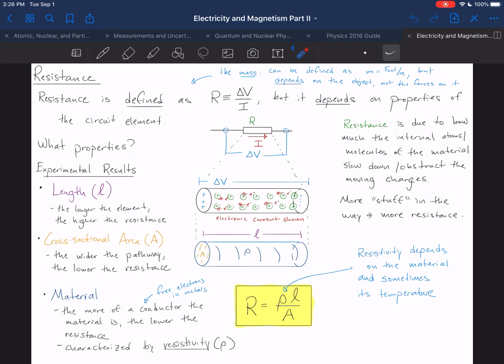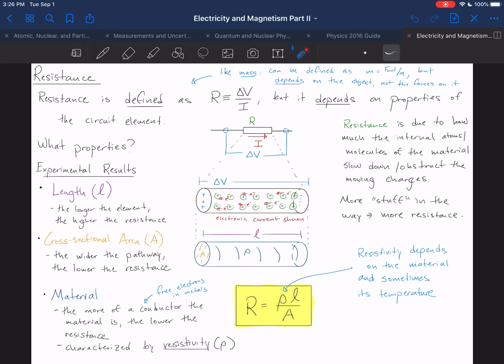Mass can be defined as the ratio between the net force and the acceleration on an object, but it depends on the object, not the forces on it, nor the resultant acceleration. So that begs the question: what are the properties of the circuit element on which the resistance depends?